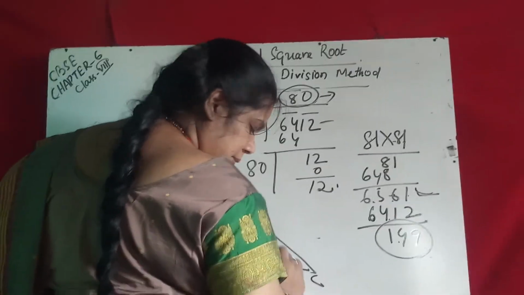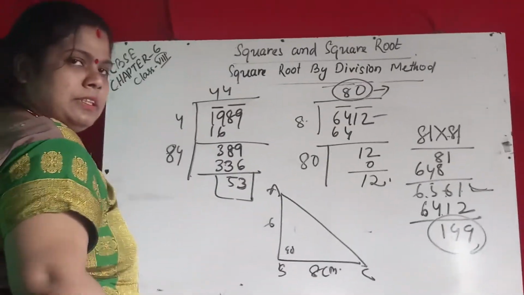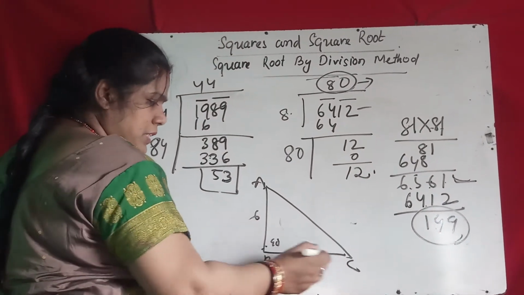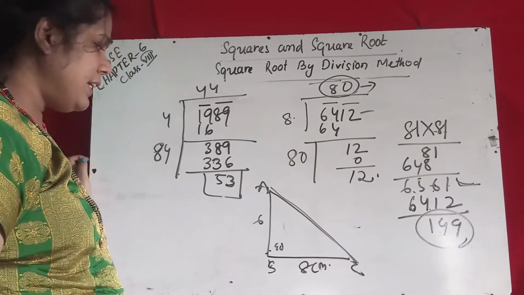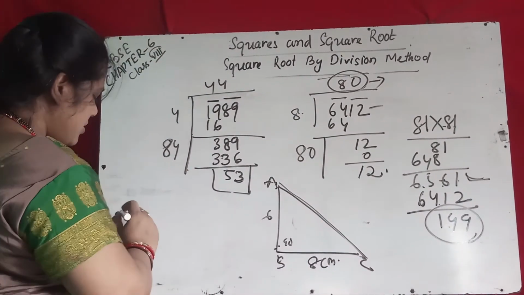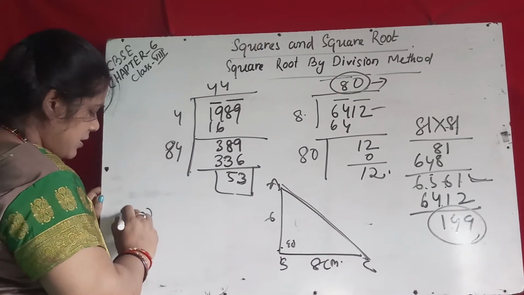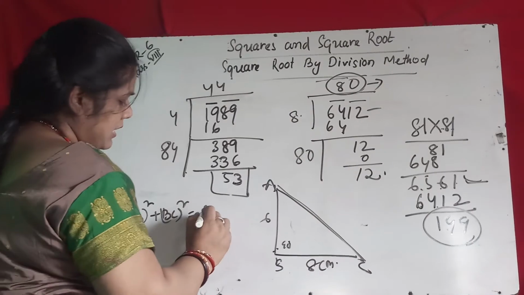Angle B is 90. So find AC. What we know is that AB square plus BC square equal to the hypotenuse square. In a right angle triangle, AB square plus BC square equal to AC square.